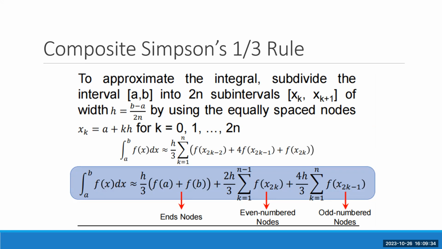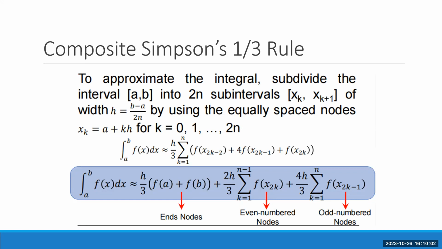The width of each subinterval denoted as variable h, which is the difference between the upper and lower limits of integration divided by the number of subintervals n. The sum of the function values at the endpoints of the subinterval. These values are multiplied by 4 for odd subintervals and multiplied by 2 for even subintervals.